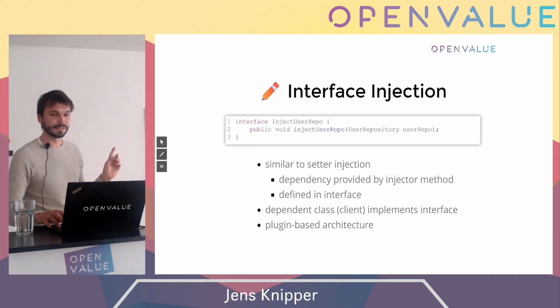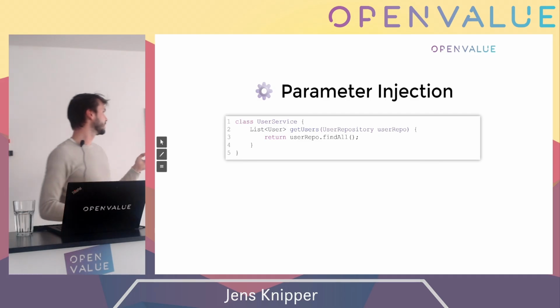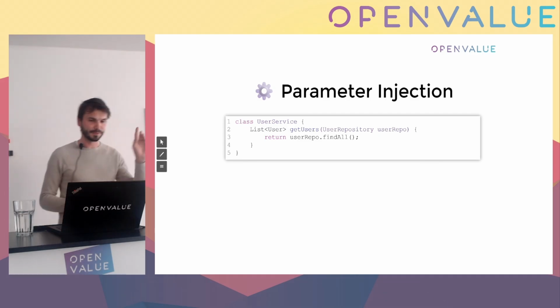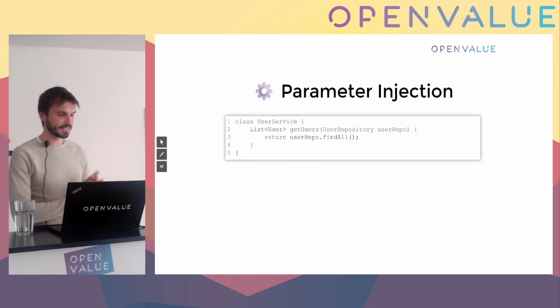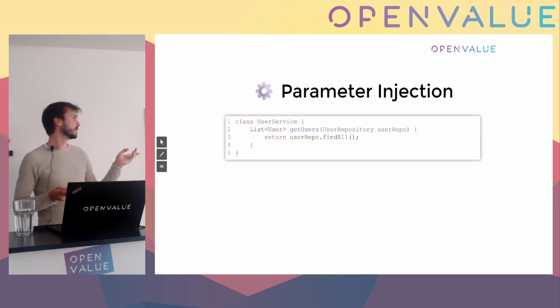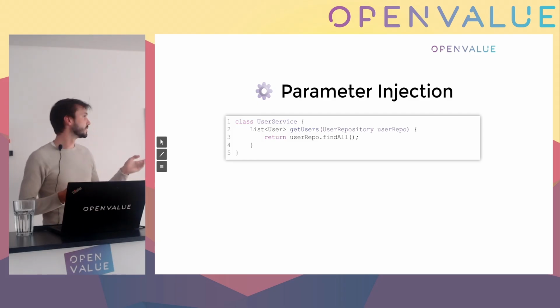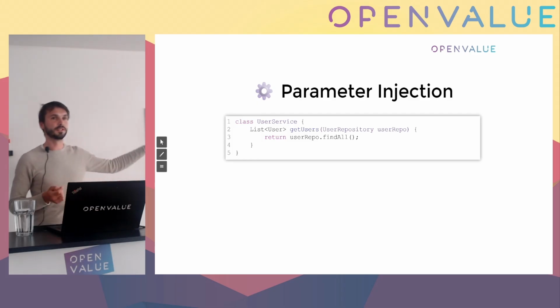But what you do still see a lot is parameter injection, actually. And it's really nice because no, sorry, parameter injection you don't see a lot. I was at the next point, field injection. But parameter injection is super nice because it's so simple. When you have a method where you use a dependency, you just inject it with it.